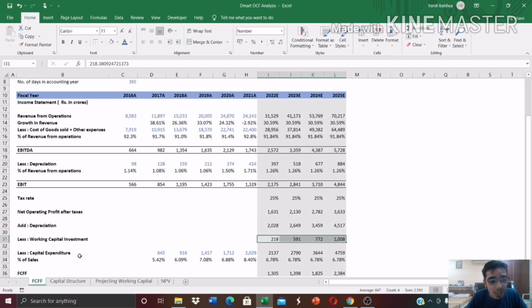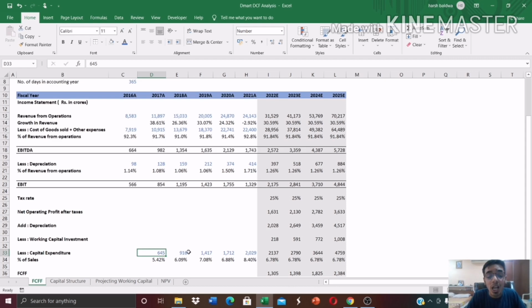The next is capital expenditure. Again the same thing, you have to take capital expenditure as a percentage of sales. How did I get this capital expenditure? Simply refer to the cash flow from investing activities in the company's annual report, and you will find something called purchase of fixed assets. That is nothing but the capital expenditure.